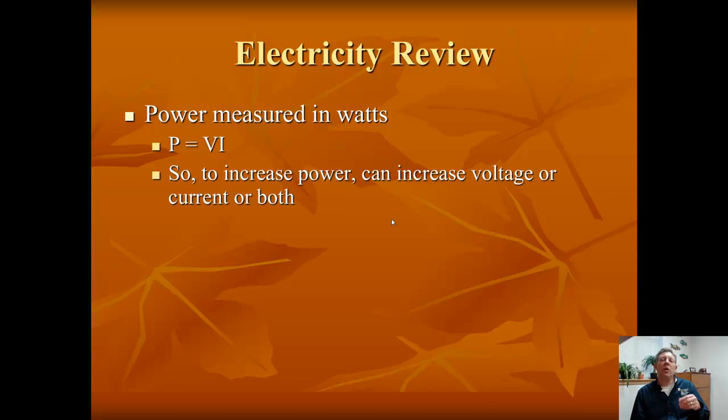So if you want to increase the power, you can increase the voltage, or you can increase the current, or you can do a little of both. So you think about it, if you have a few electrons, but they got more energy in them, they're moving harder, that could have the same power as many electrons that don't have a lot of energy behind them.